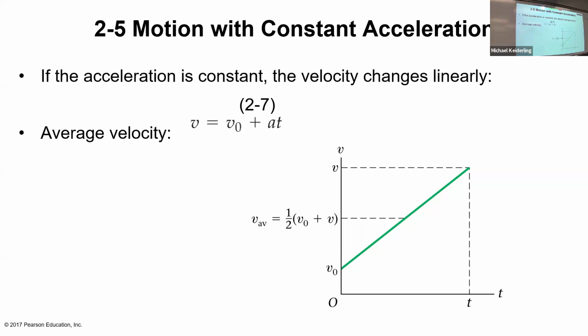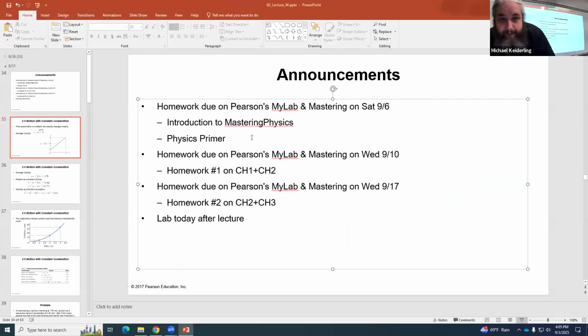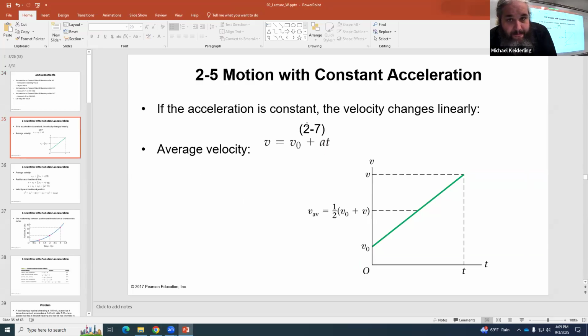And your average velocity, when I made this slide, this particular slide got a little muddled. Let me see if I can quickly fix that. Oh, I see. I'll just move this over here.